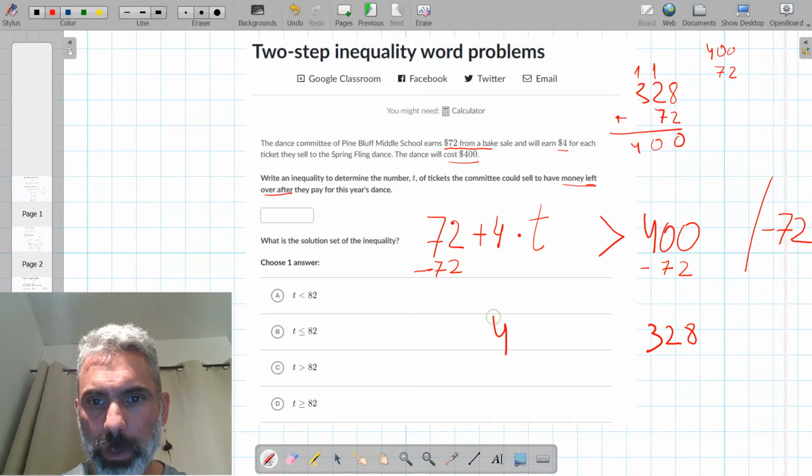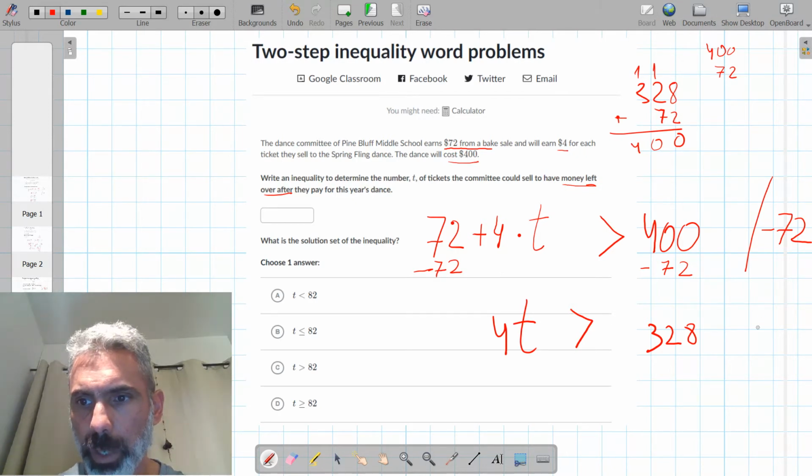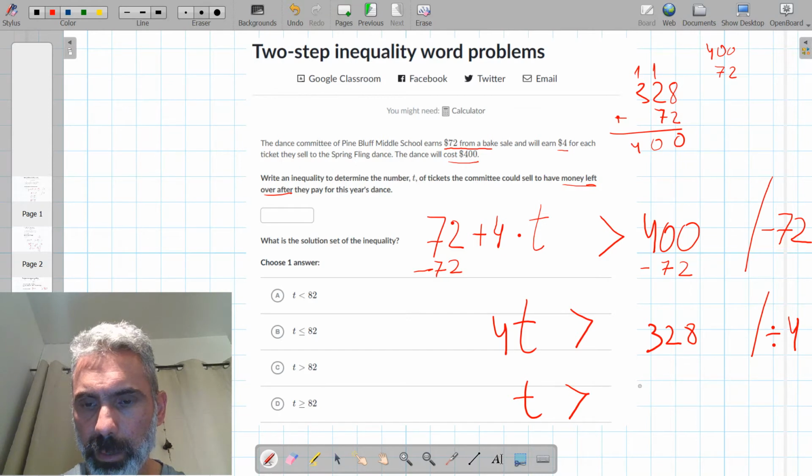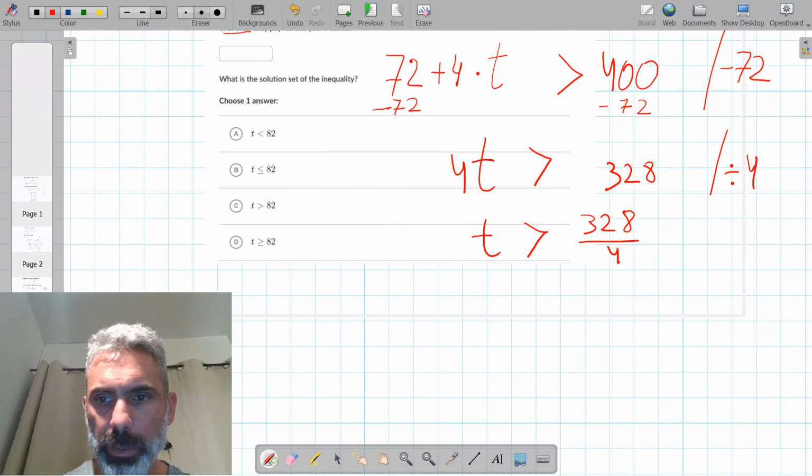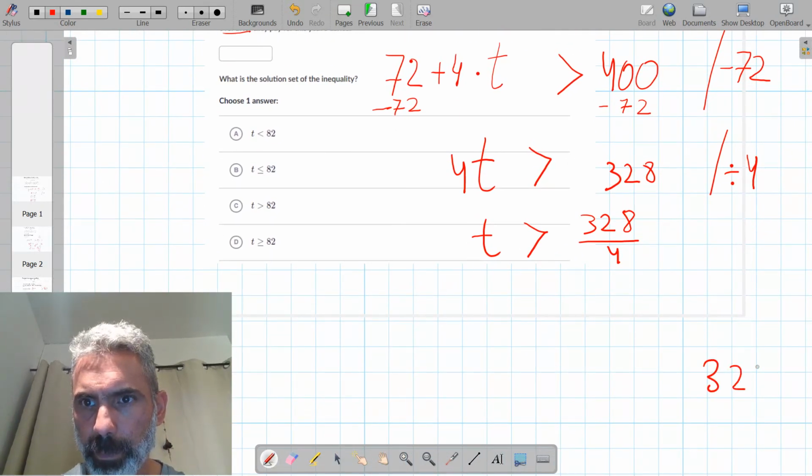Okay, so 4T has to be greater than 328, and now I divide both sides of the inequality by 4 to isolate the T. So T has to be greater than 328 divided by 4. 4 goes into 32 8 times, 8 times 4 is 32, no remainder.